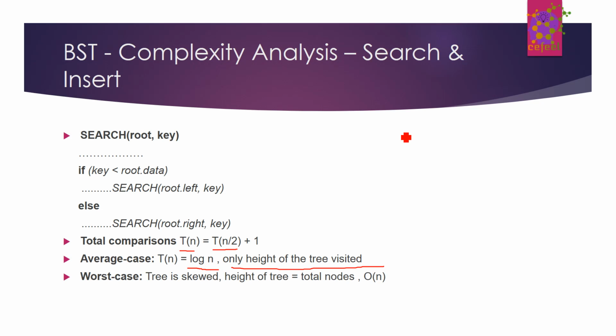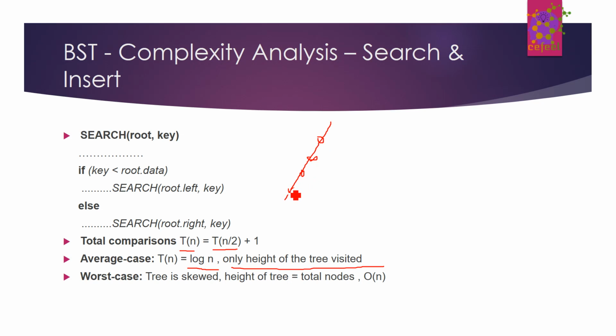But what happens in the worst case? In the worst case, this is no better than an array, because if you remember, if we have a skewed tree wherein there is only a single child for every node, and that single child is its left subtree, let's say, which means it's left skewed like this, it doesn't help much.